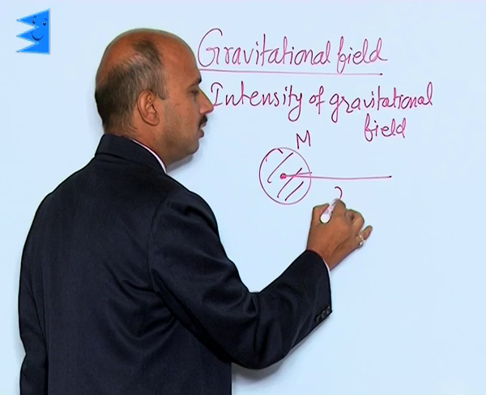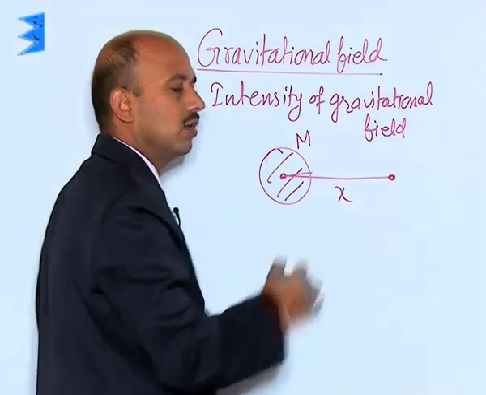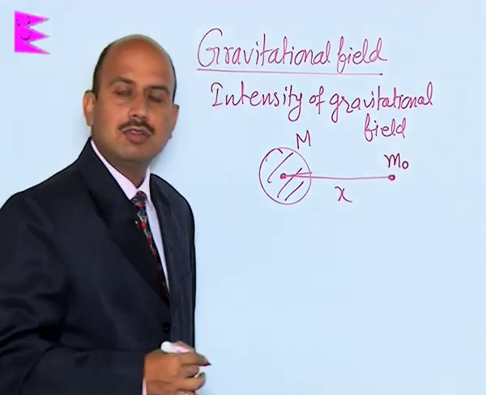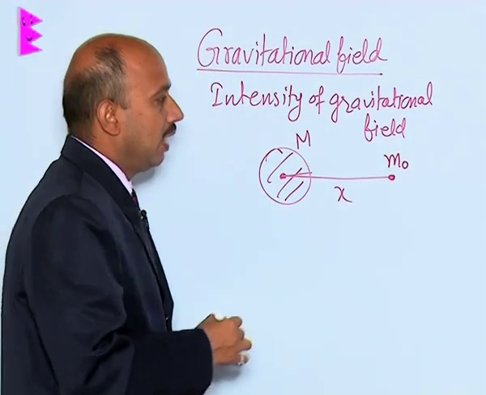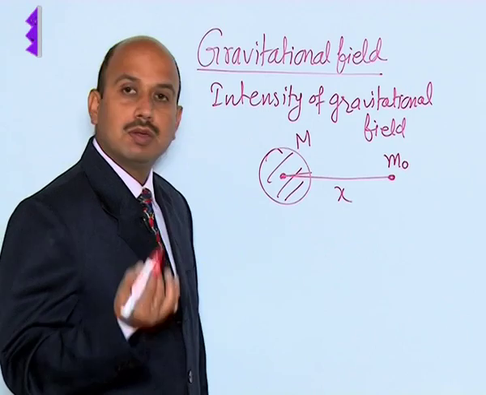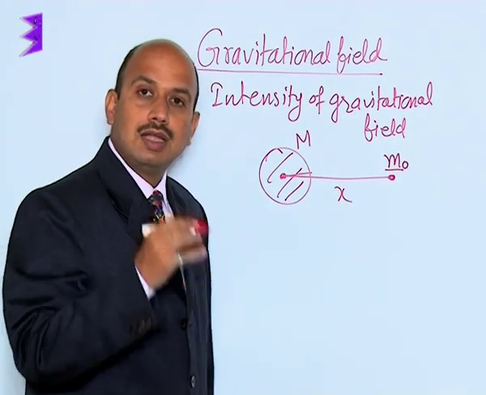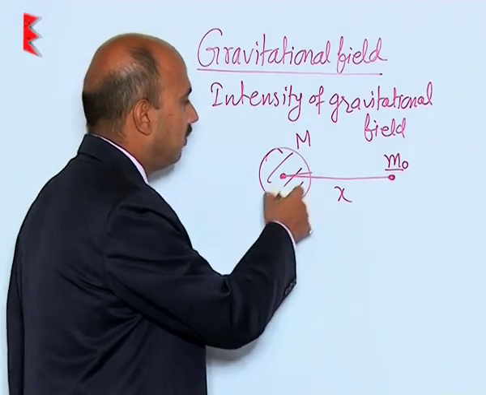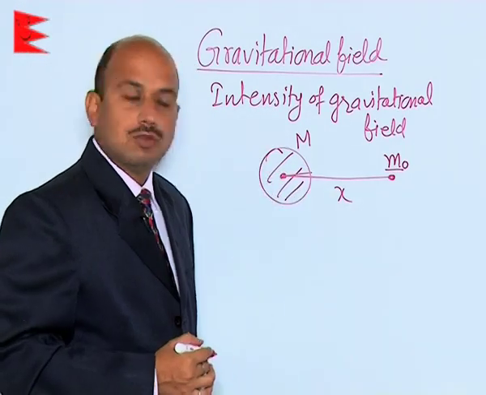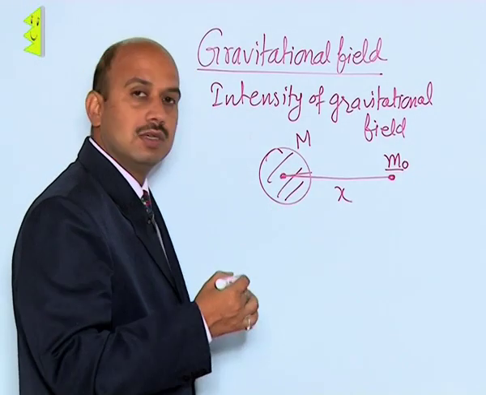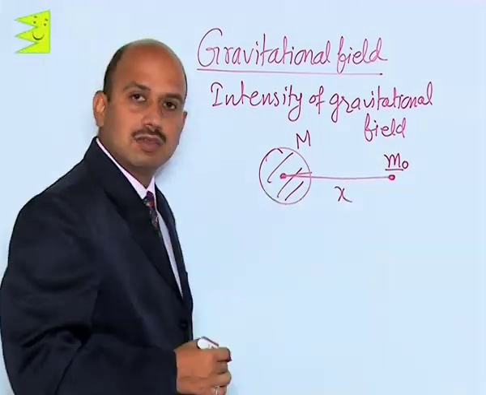At a certain distance x, at this point, a mass is placed, suppose m naught, that is called test mass, and we can also take a unit mass. This test mass is taken in such a way that it does not affect the gravitational field of this body. So this mass is actually very small and it does not have much of its own gravitational field.